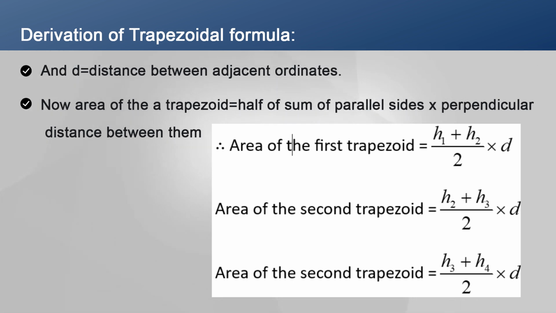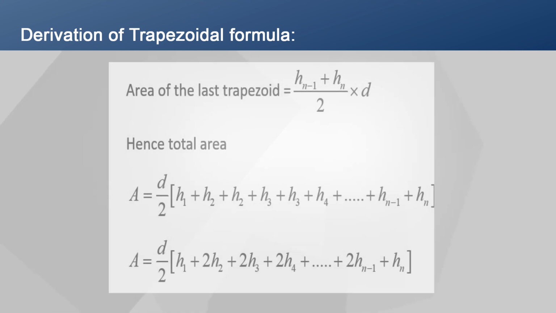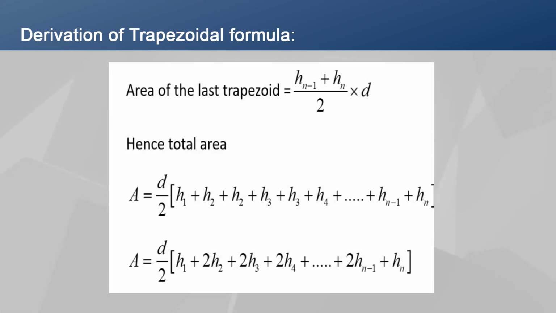Similarly, the area of the second trapezoid will be h2 plus h3 by 2 into d. Area of the third trapezoid will be h3 plus h4 by 2 into d. Similarly, the area of the last trapezoid will be hn minus 1 plus hn by 2 into d.